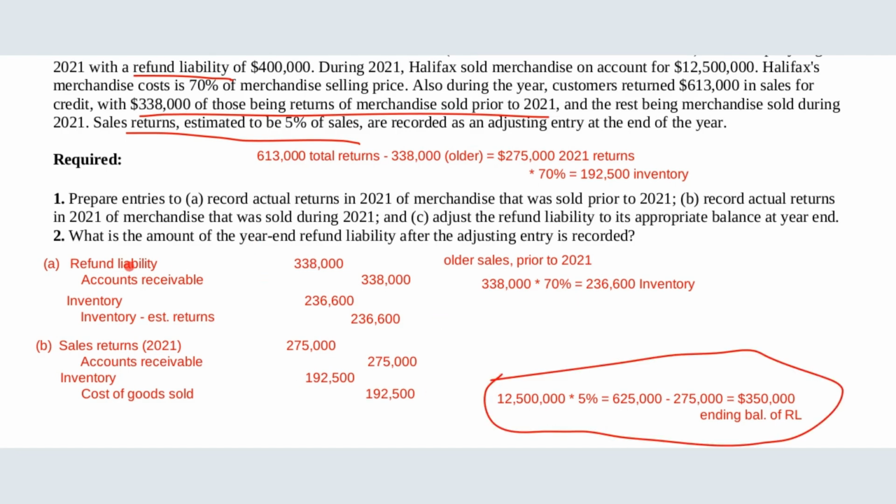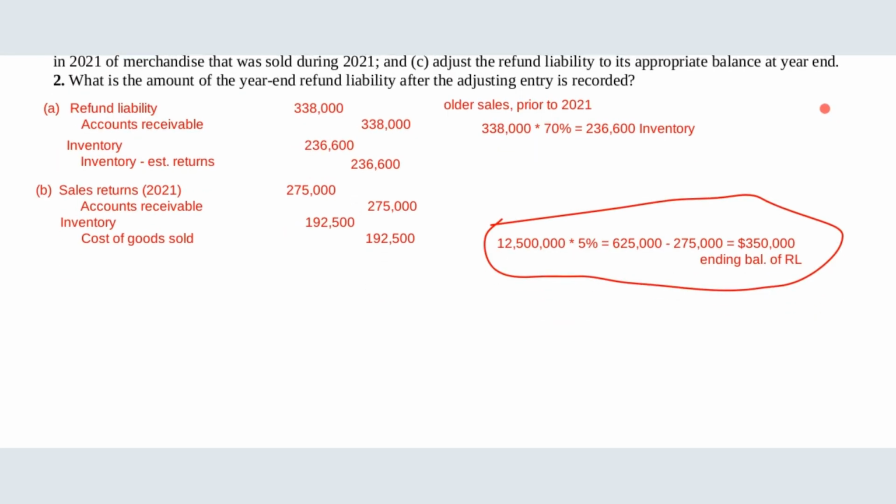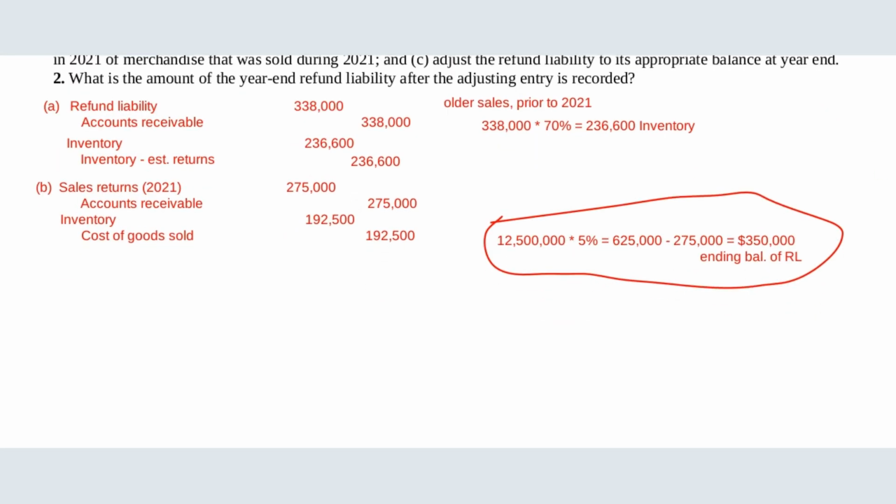So after we've done all this, we started with 400,000 in the refund liability account, right? We have to do an analysis of the refund liability account. So remember that, maybe I should do a T account. Remember that refund liability, as the name says, is a liability. So that means it has a normal credit balance, right? Credit increases this account.